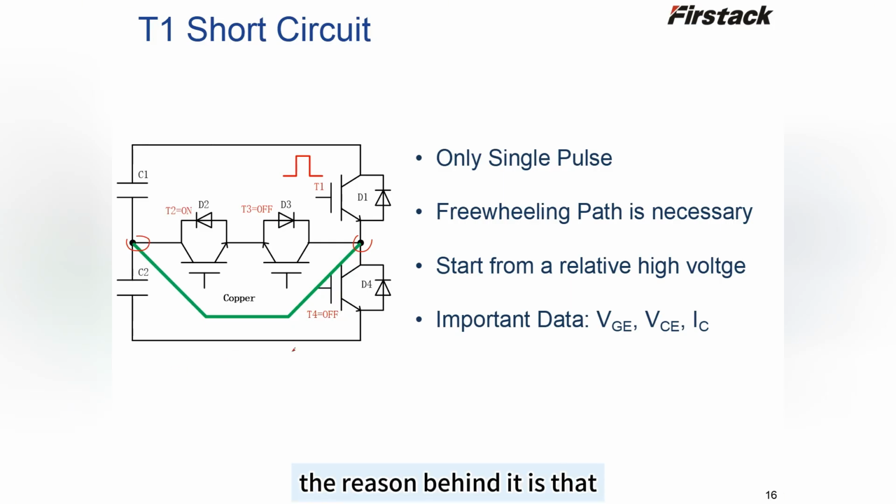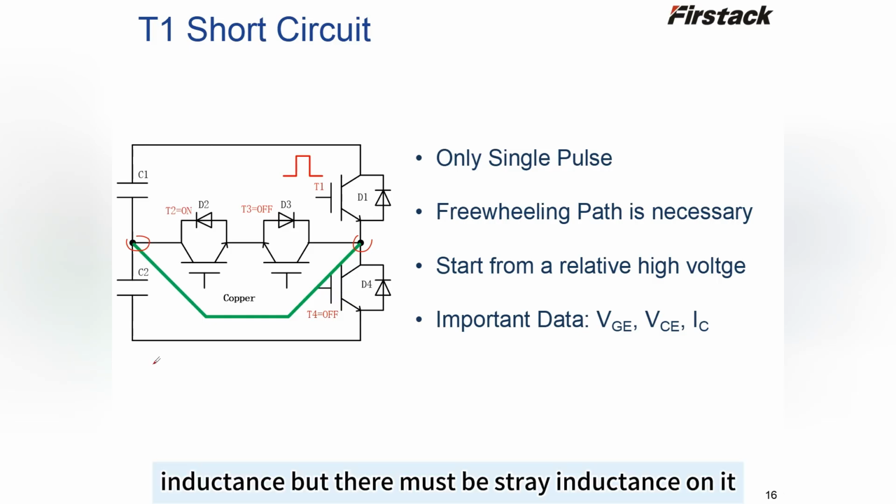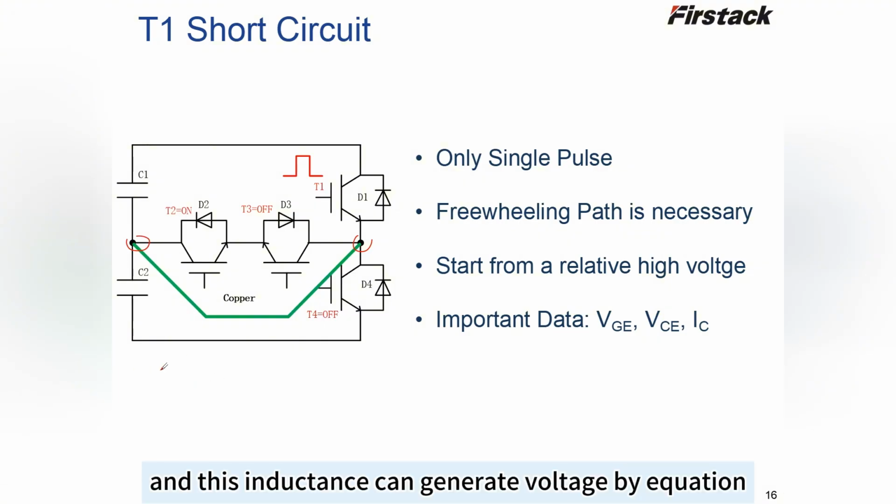The reason behind it is that there must be an inductance on the copper or short cable due to their physical structure and characteristics. The difference is how much this inductance is, but there must be stray inductance on it. And this inductance can generate voltage by an equation.